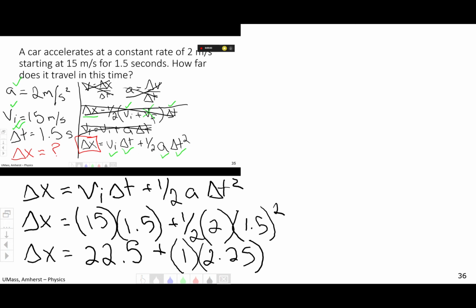So what we're left with is delta x equals 22.5 plus 1/2, 1 times 2.25 is just 2.25.